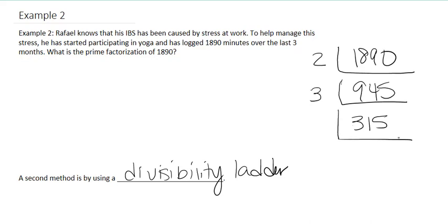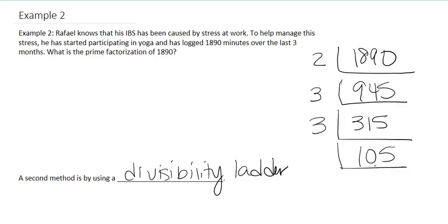Then we would divide this further. 315 is divided by 3. So 3 goes into 315 how many times? And then we'd write the answer below. So we have 105.